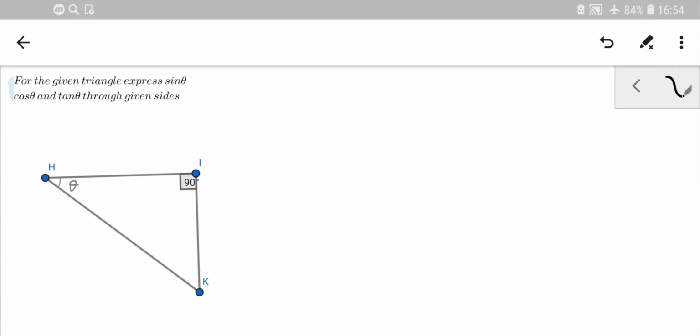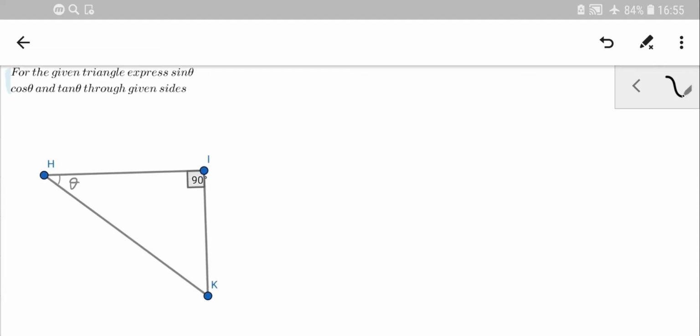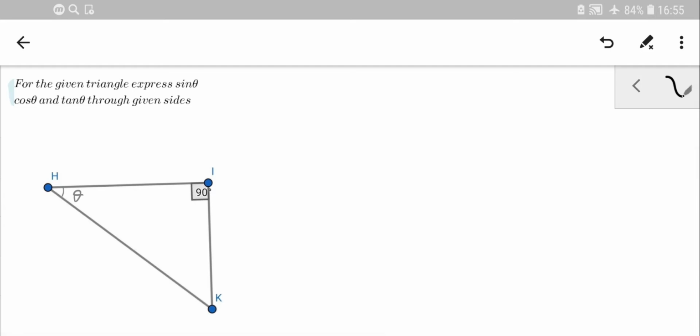So I hope you completed it, and let's compare and have a little benchmark. Alright, so for the given triangle, express sine theta, cosine theta, and tangent theta through the given sides. So we're given the sides HI, IK, and HK. We're given letters for each vertex, but for me it's much more convenient to use single letters.